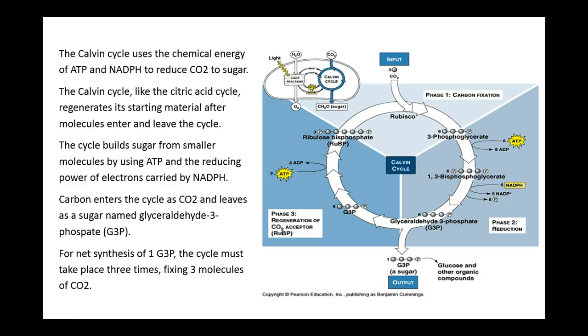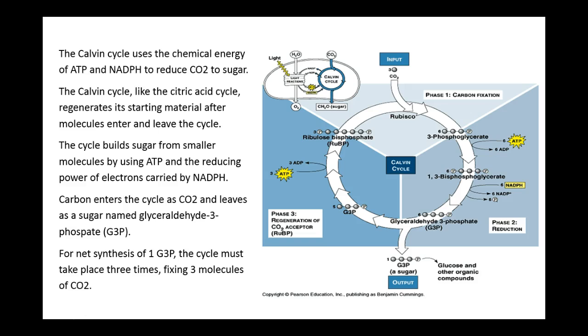That's its basic purpose. It regenerates its starting material, so that's where it gets the cycle term, after the molecules enter and leave the cycle. So it is cyclical in what it starts with and what it ends with.